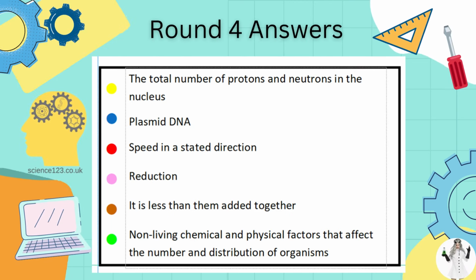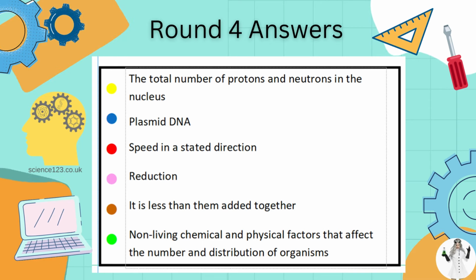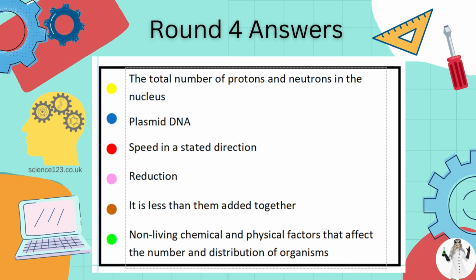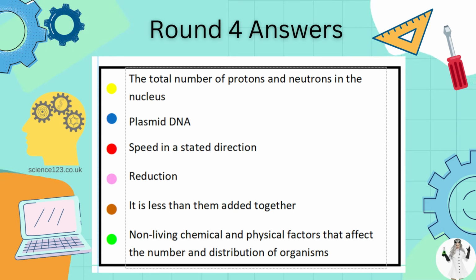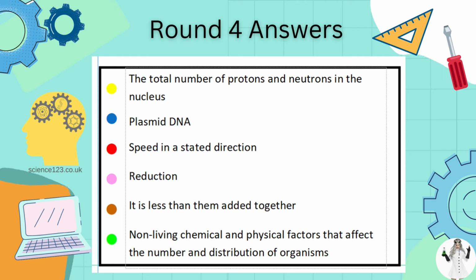The mass number of an atom is the total number of protons and neutrons in the nucleus. The circular DNA found in bacterial cells is called plasmid DNA. Velocity is speed in a stated direction.